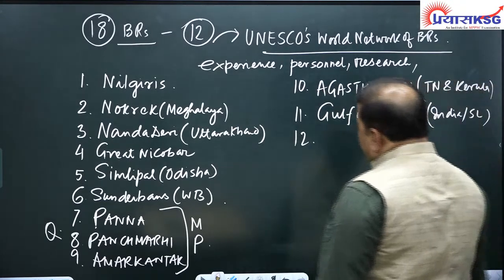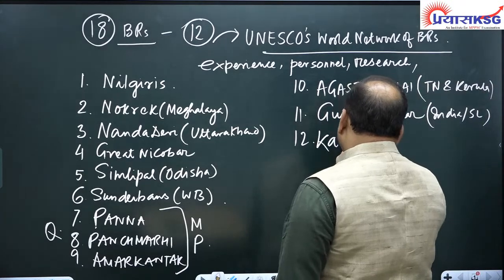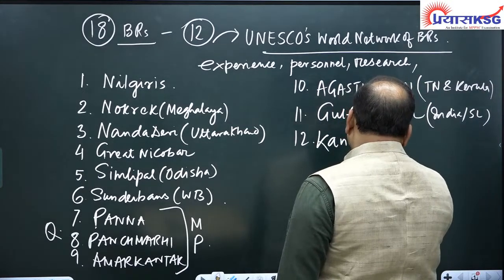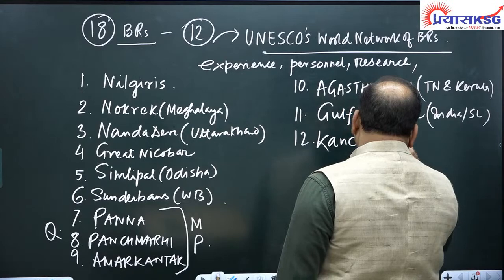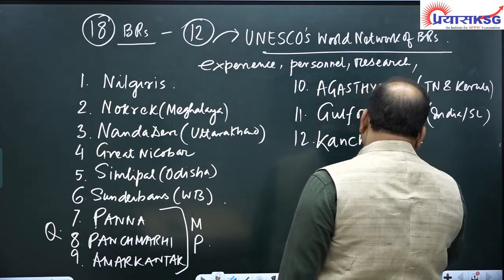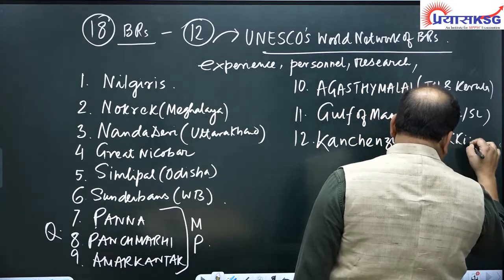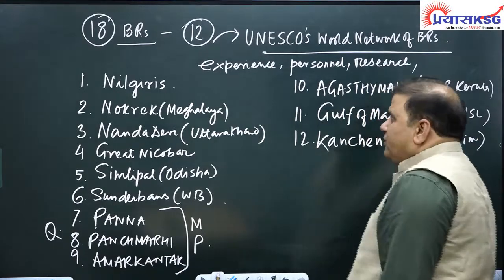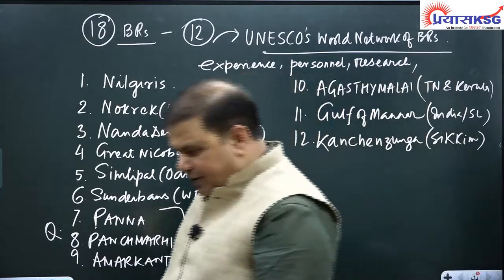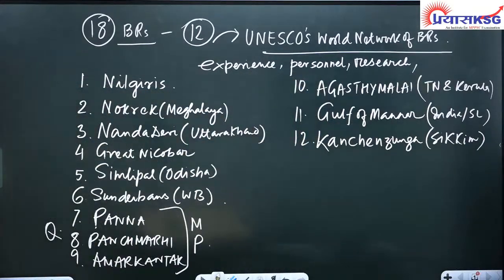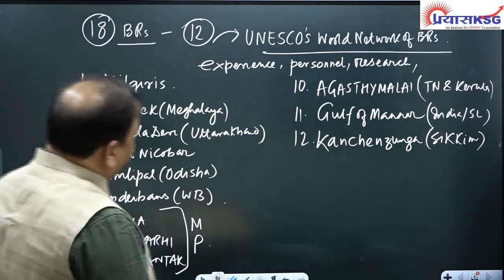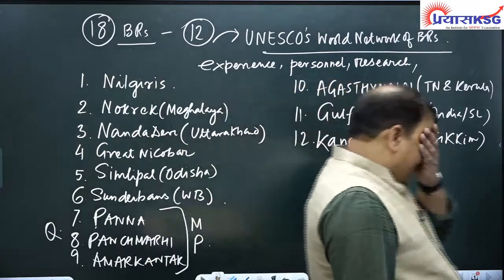Then Kanchenjunga, which is from Sikkim. So all these are the 12 biosphere reserves which have been added in UNESCO's World Network of Biosphere Reserves.